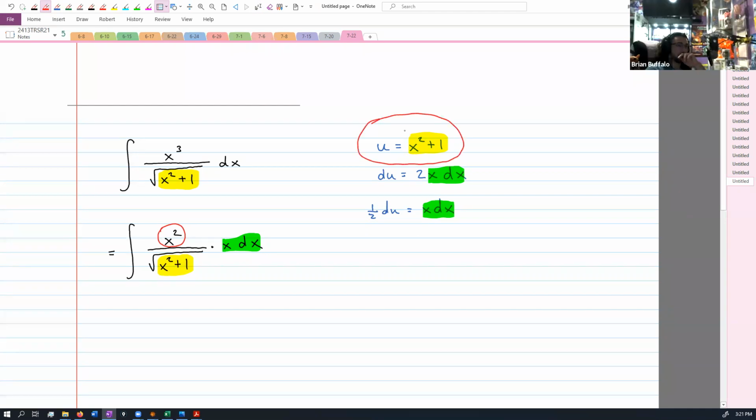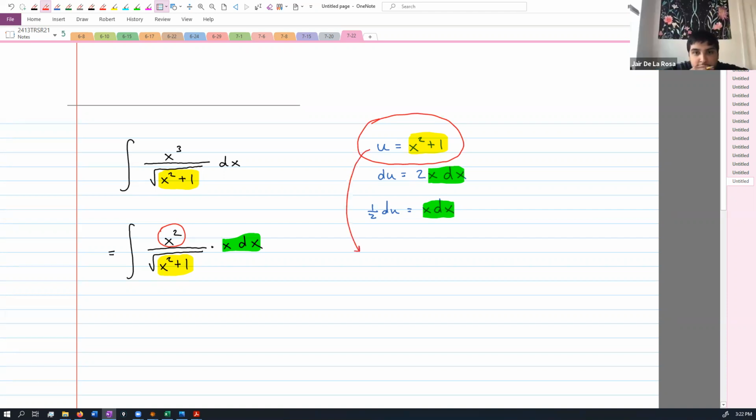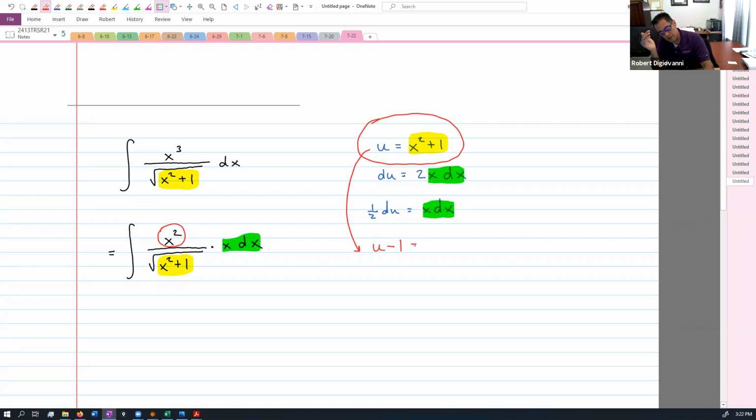Can't you do u minus 1? There you go. So luckily for you, Brian, u minus 1 is x squared, right? If you take the 1 to the other side, you get this expression. So that means you can replace the x squared with u minus 1.